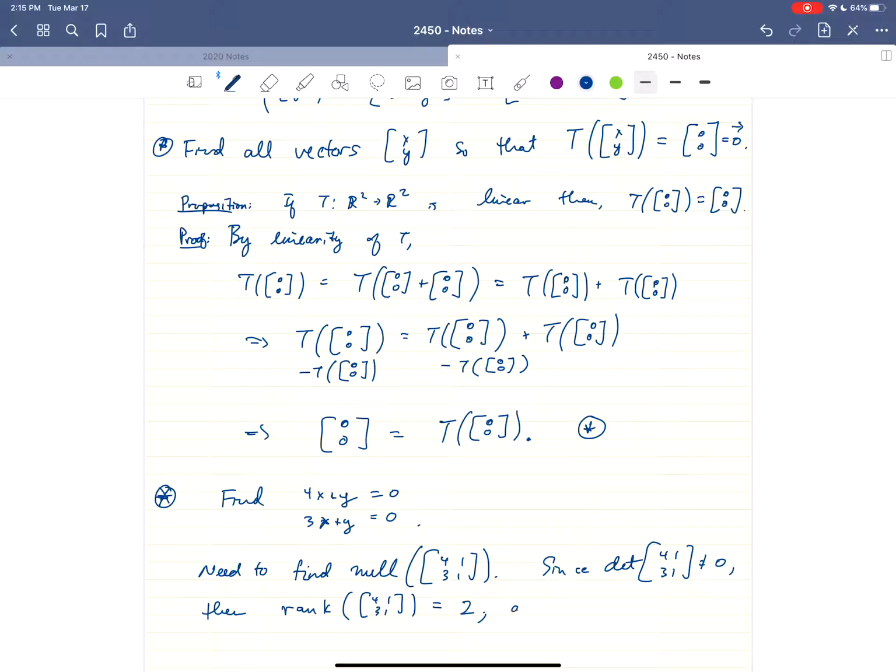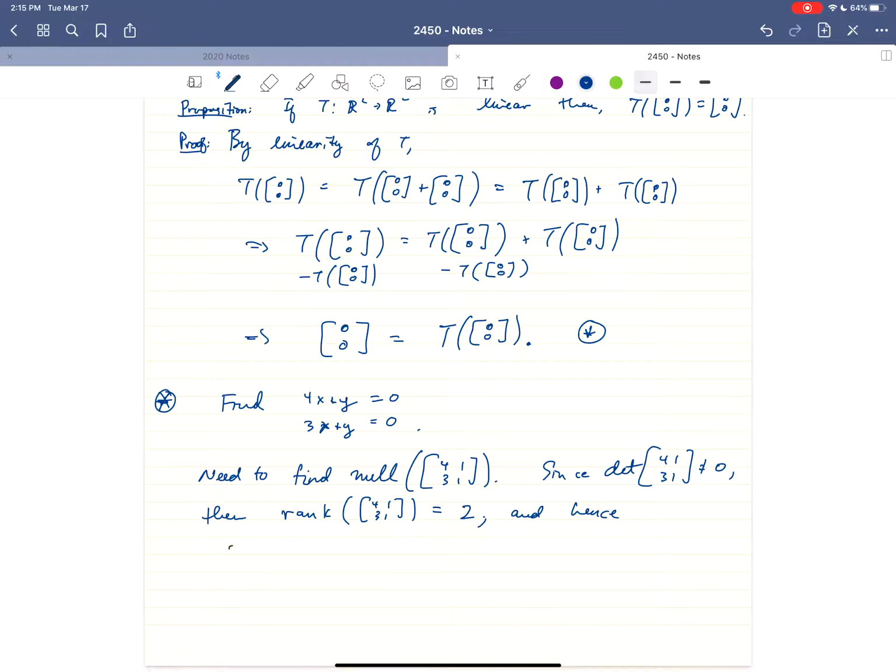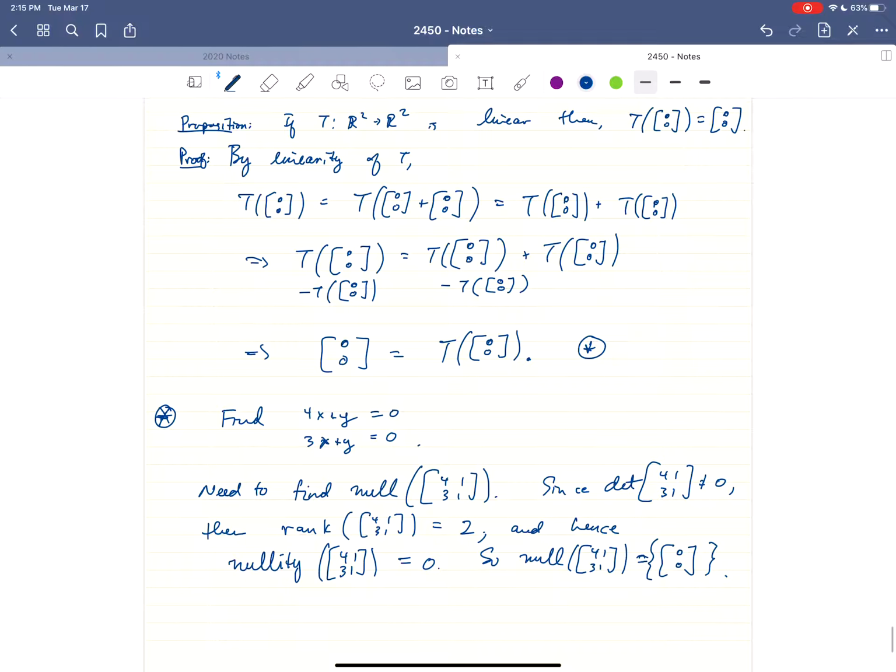And hence the nullity, the dimension of the null space of the matrix, is 0. So that means that the null space is a zero-dimensional subspace. In other words, just the 0 vector. Okay, it's that single vector. That turns out to be the only vector in the null space.